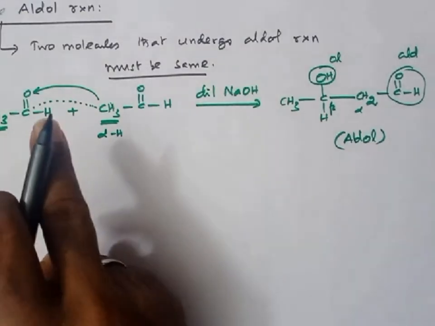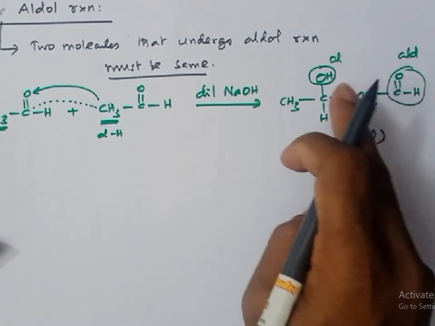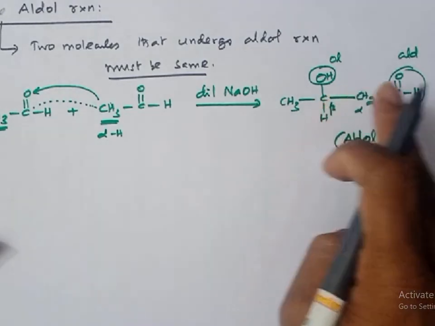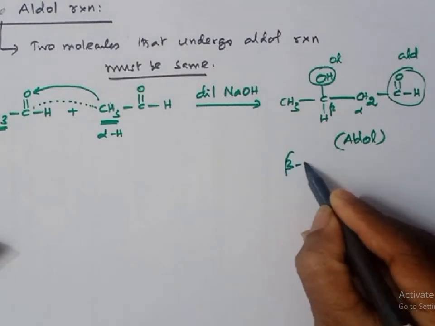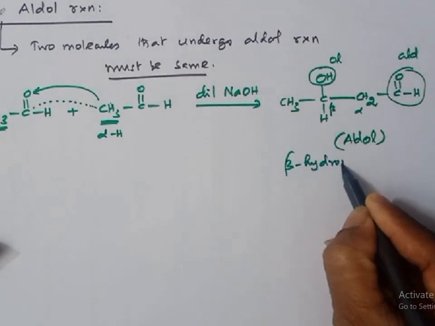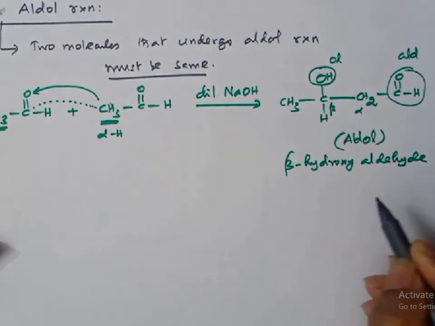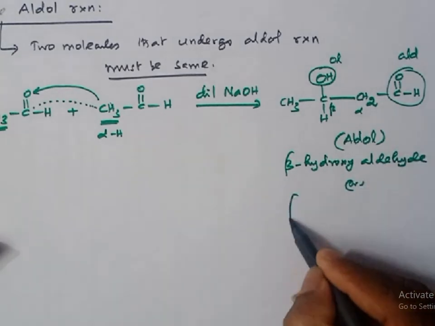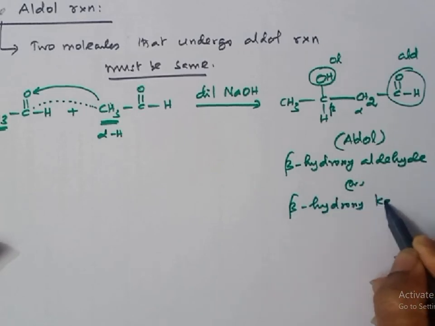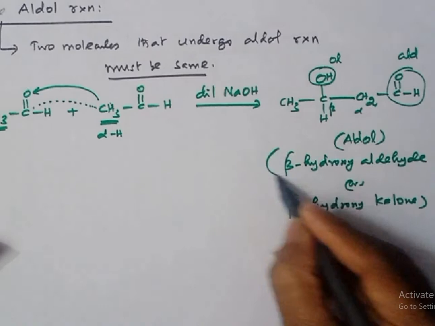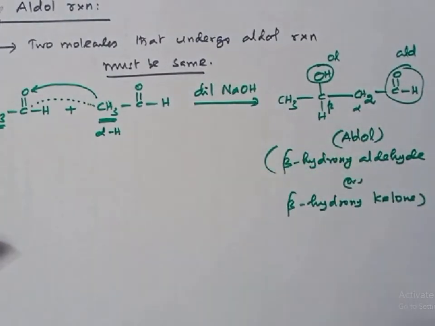So in an Aldol reaction, we either get a beta hydroxy aldehyde or a beta hydroxy ketone. Students, keep this in mind. This reaction is what we call an Aldol reaction.